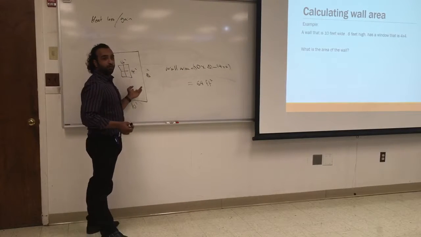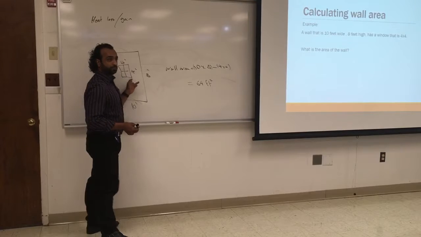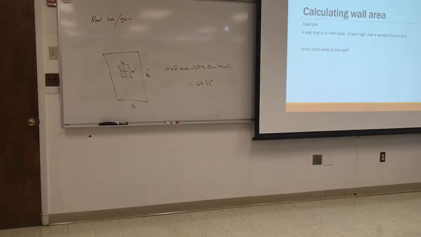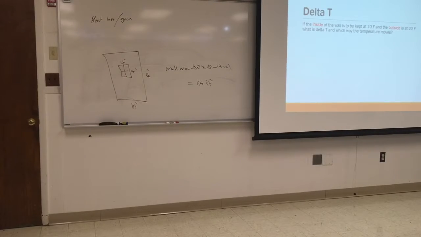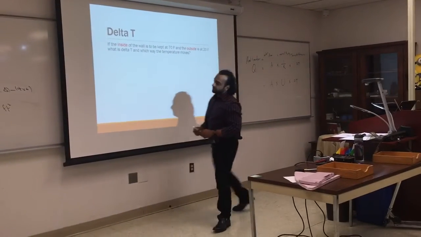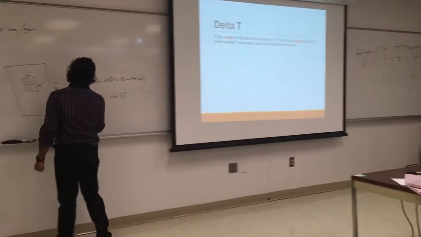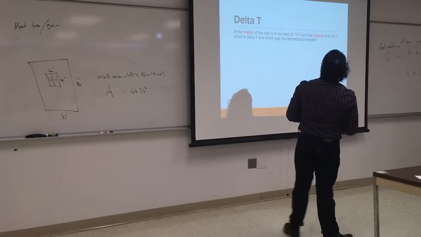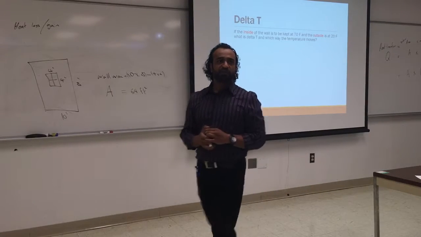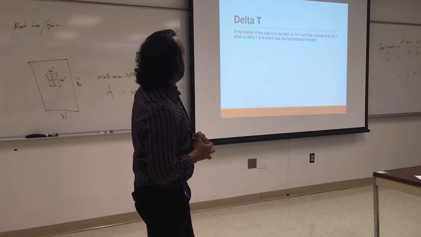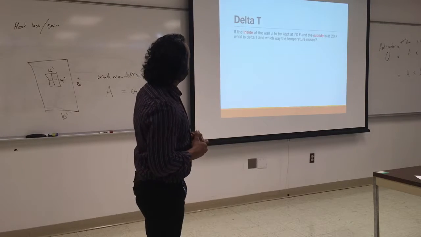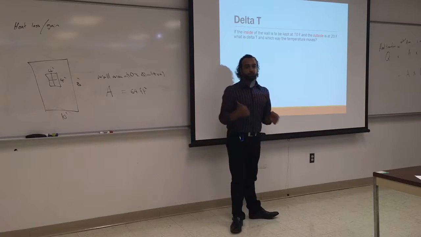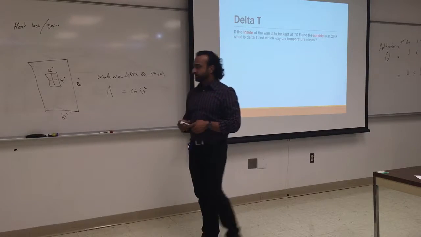So wall minus window. We're good? The area of the wall is going to be the area of the material without the window. Now we find delta T. If we want the inside to be 70 degrees and the outside is 20, what is the temperature difference? 50.